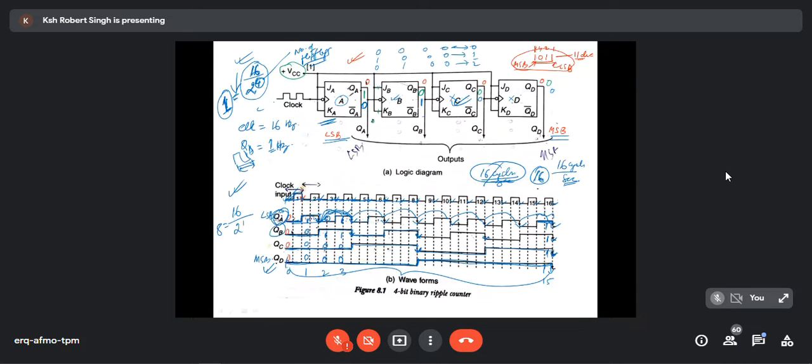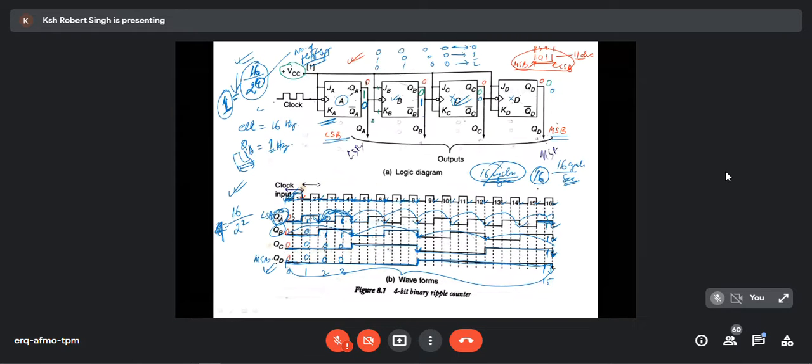With QA and QB together, it should be 2 to the power 2, which is 4. 16 divided by 4, you have only 4 cycles: 1, 2, 3, 4. Can you understand what I'm saying?